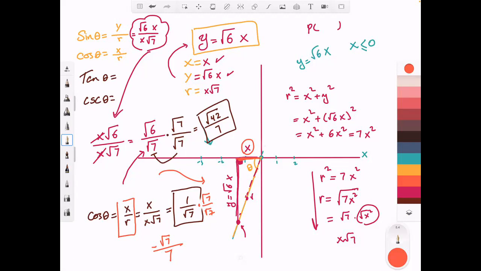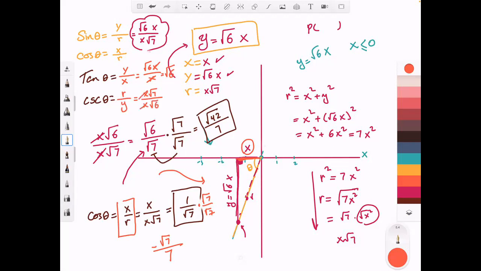What about tangent of theta? Tangent of theta is y over x, which is root 6x over x, and the x will cancel. The answer is root 6. Cosecant of theta is r over y, which is x root 7 over x root 6.